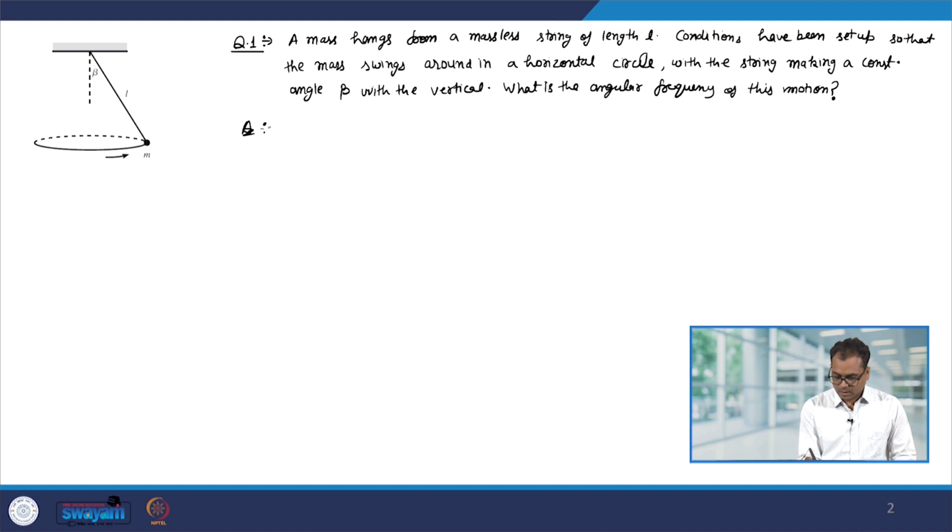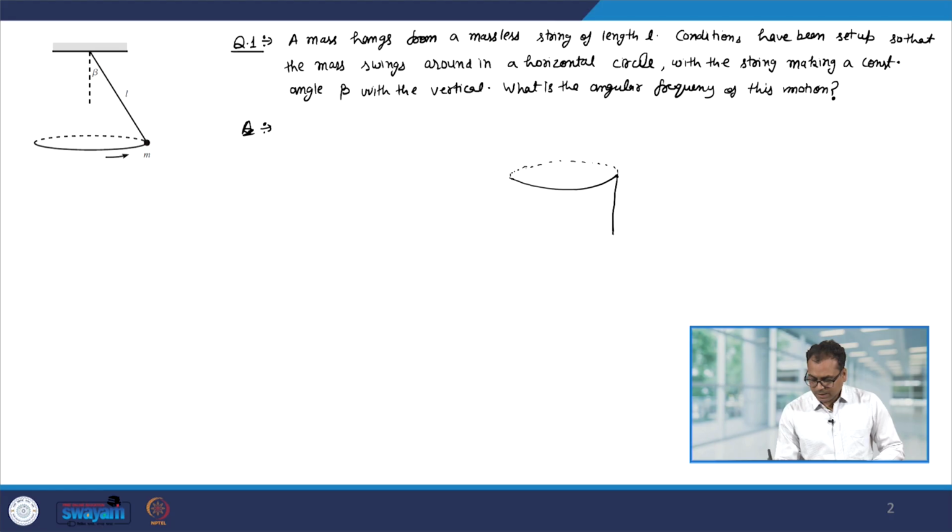So, let me make the free body diagram and look at the forces that are acting. We have this mass which is going in a horizontal circle, its mass is of course m, and the tension T is going to act along the string, making an angle beta from the vertical.